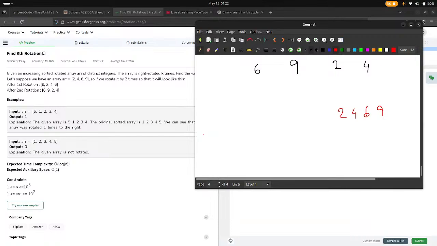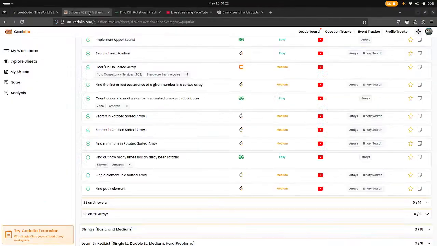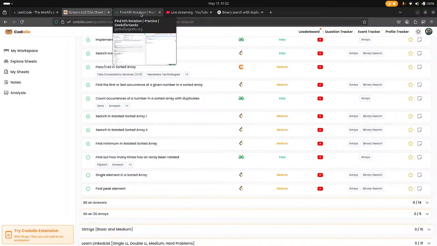How many times the array has been rotated.